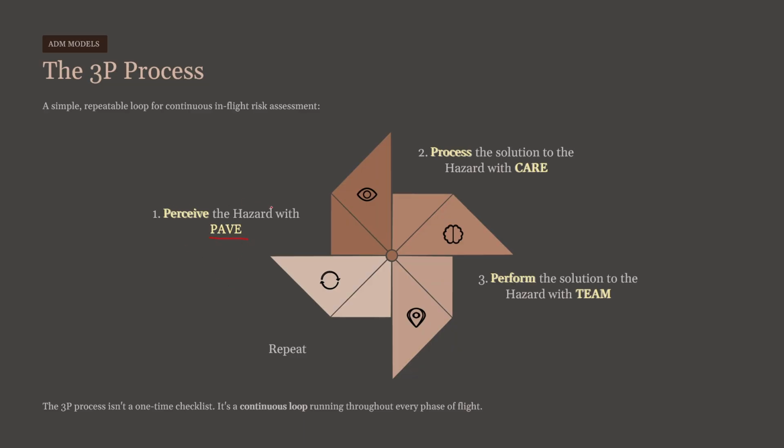So we identify the hazard by using PAVE, then we process the situation using CARE, and finally we perform a decision using TEAM. The key point is that this is not a one-time checklist. It is a continuous cycle. As conditions change, the pilot keeps running this loop to stay ahead of the situation. Okay.